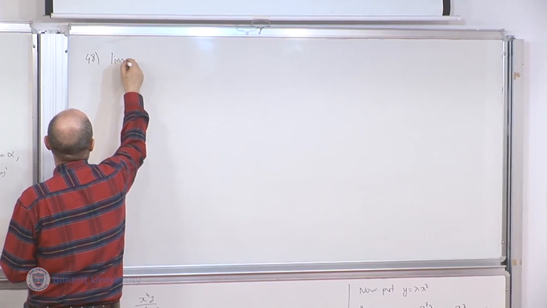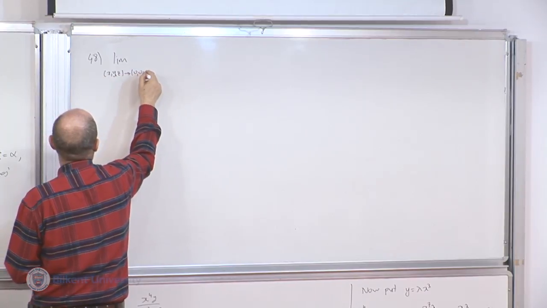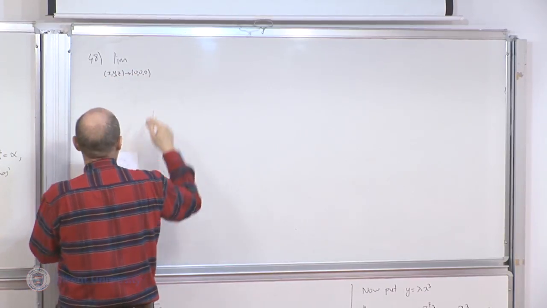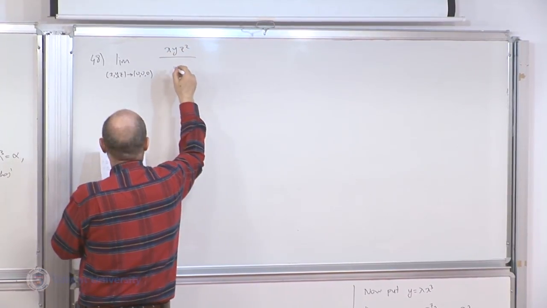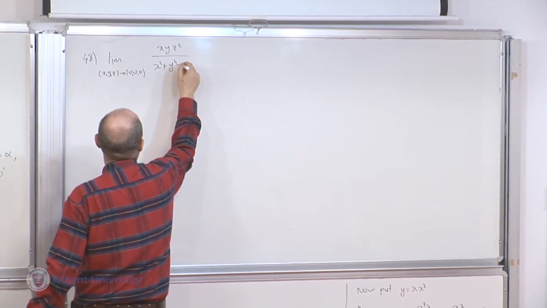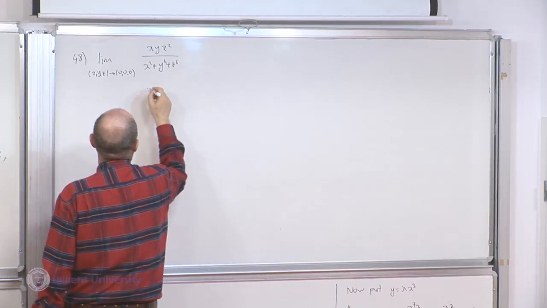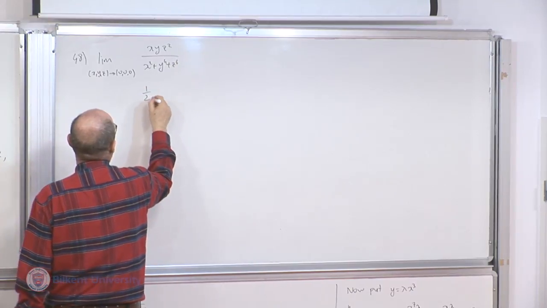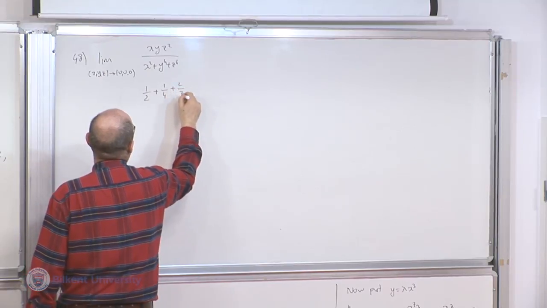let us look at the limit as (x, y, z) goes to (0, 0, 0) of x y z squared over x squared plus y^4 plus z^6. Okay, so here we consider 1/2 plus 1/4 plus 2/3.